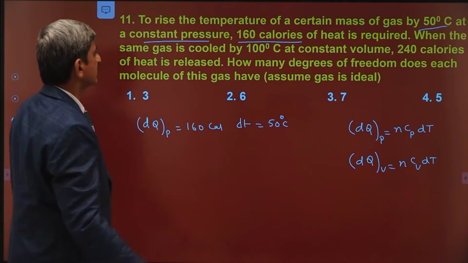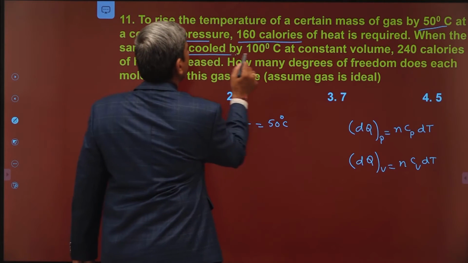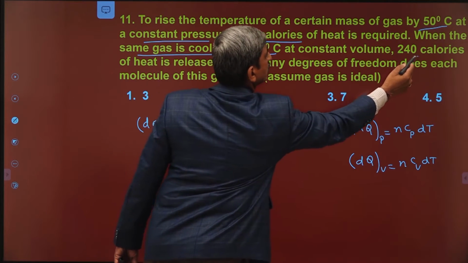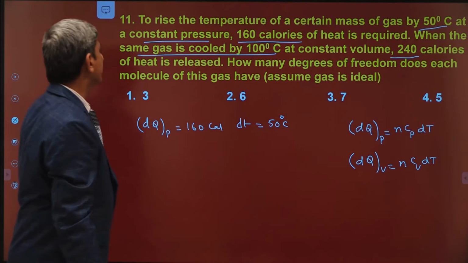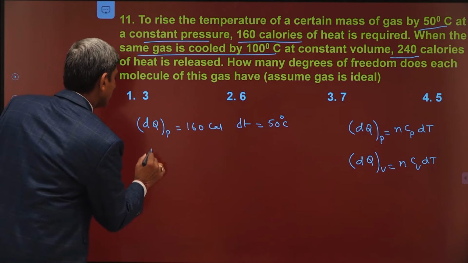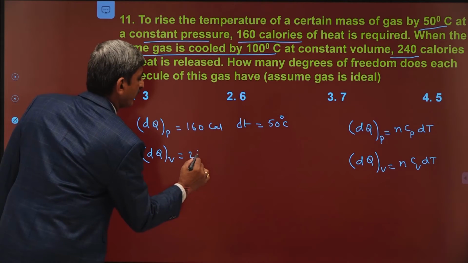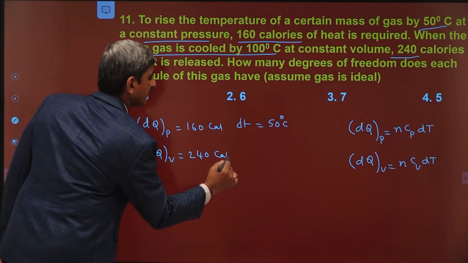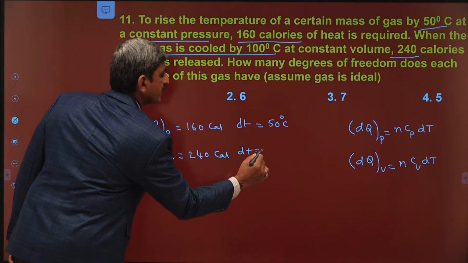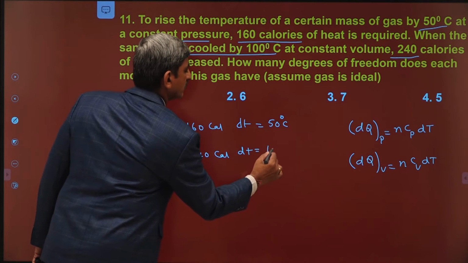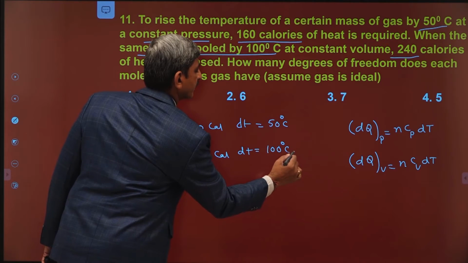Whereas in the second case, when the same gas is cooled by 100 degrees centigrade at constant volume, 240 calories of heat is released. That means heat lost by the gas dQv is 240 calories, and the change of temperature is dT equal to 100 degrees centigrade.